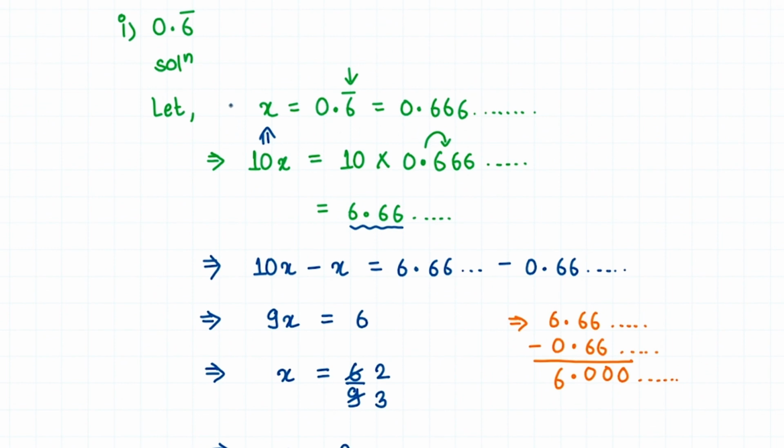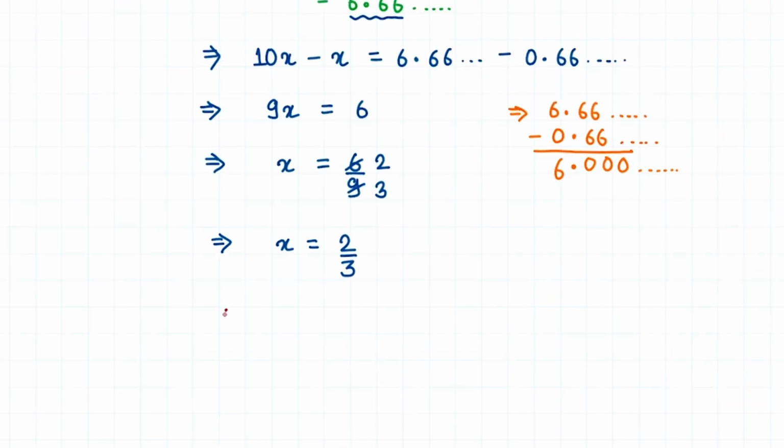Therefore, 0.6 bar equals 2 divided by 3, and we have converted our decimal expansion into a fraction. That's how you convert a decimal number into a fraction.